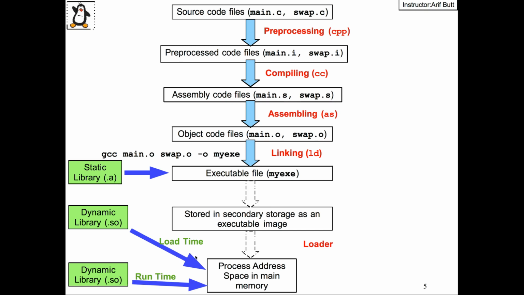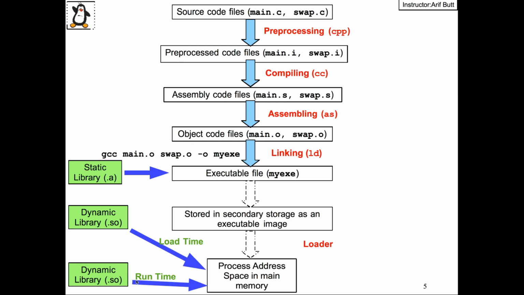And if the code is already loaded, the loader does not load it, but rather just puts the address in place of the unresolved reference inside the memory. Load time dynamic linking is handled by the Linux linker LD.